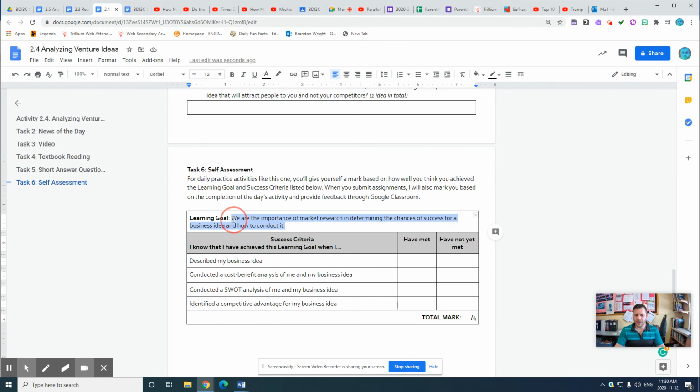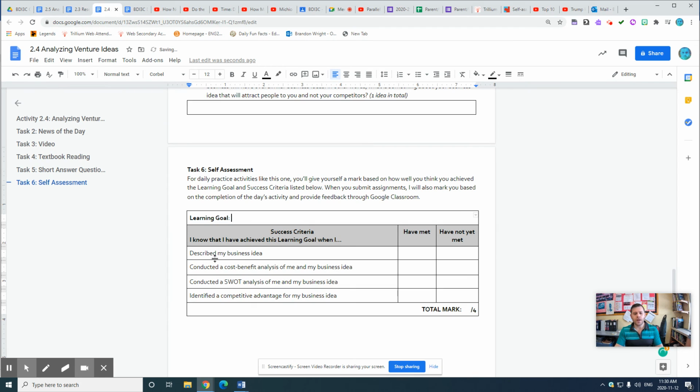I have to update that learning goal. But if you described your business idea, if you conducted a cost-benefit analysis, if you conducted a SWOT analysis, and you've identified a competitive advantage for your business, give yourself a check mark in each box, like an X.